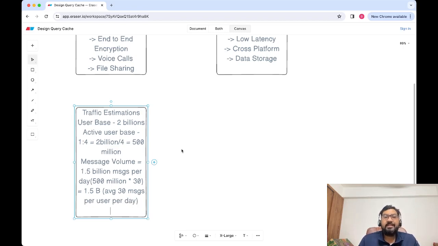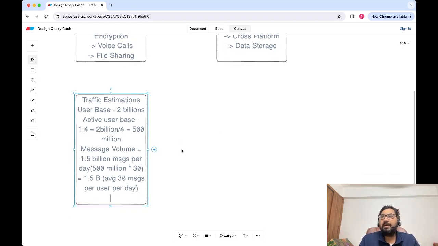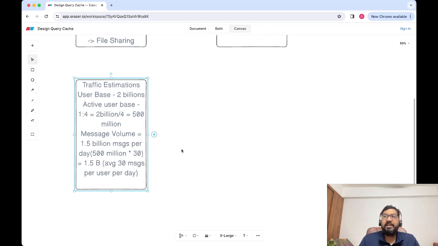Okay. So the next point on our list is media sharing. Let's talk about media sharing, like the photos or videos you are sending. WhatsApp is again sharing millions of images, videos and documents daily. Here also we can do some rough math.